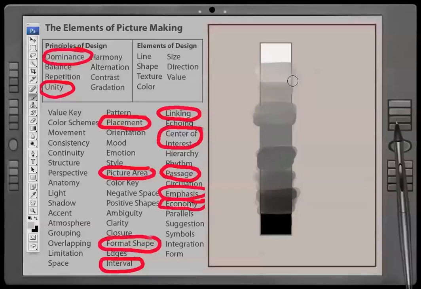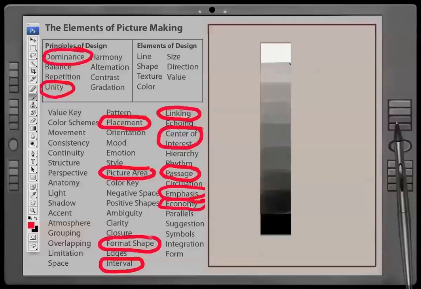So I should have 9 values. 1, 2, 3, 4, 5, 6, 7, 8, 9. That's correct. And I'll clean it up a little bit. Now this is very rough, but you can see a gradation of values running from the white down to the black. You'll be learning about this in more detail later on, but I'm just touching upon value patterns now by showing you that the values that you select should be unequal in interval.